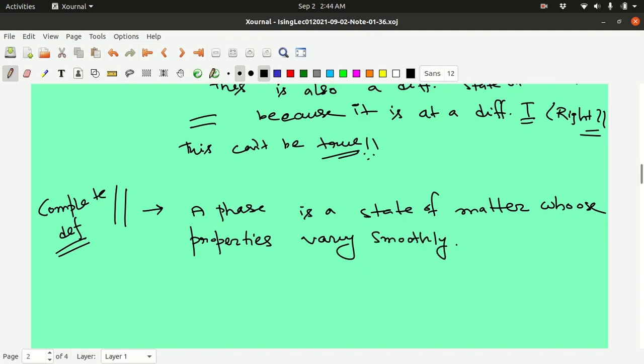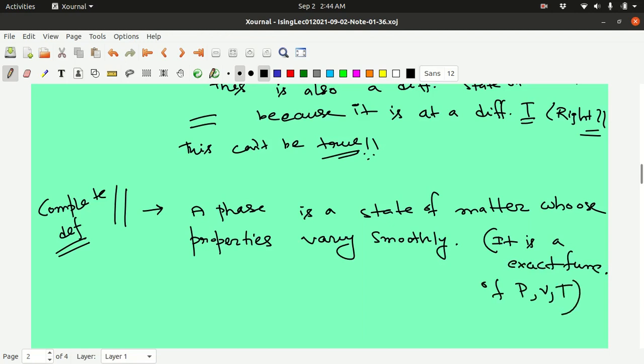That means it is an exact function of pressure, volume, and temperature. So this is a complete definition.